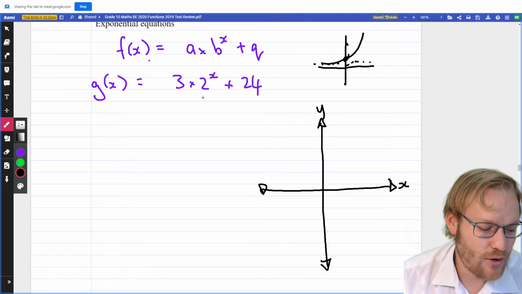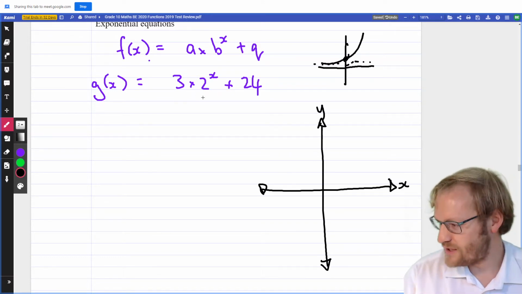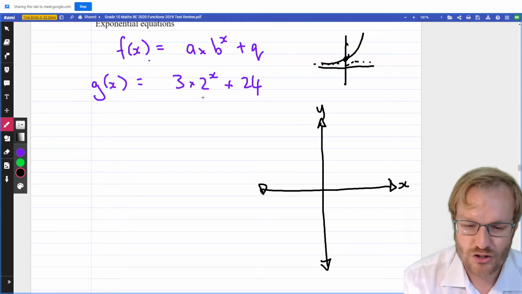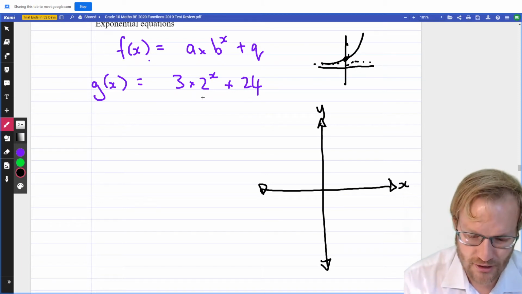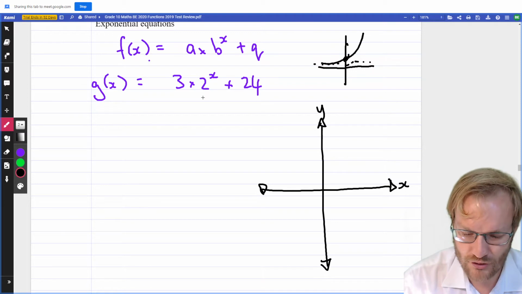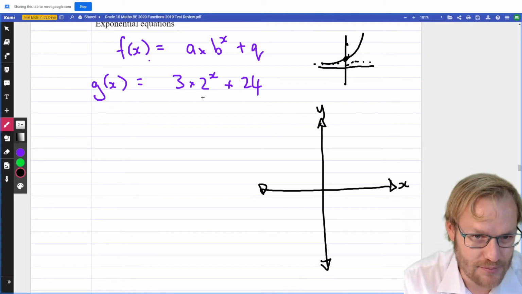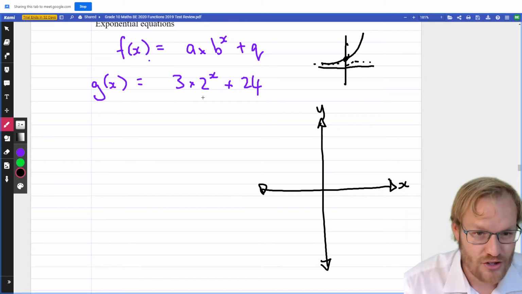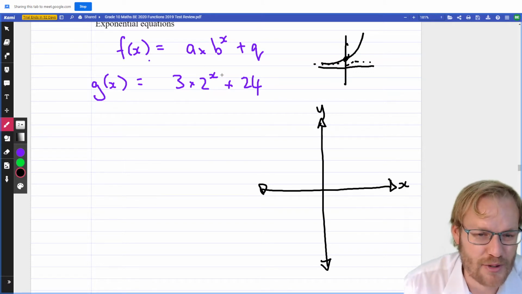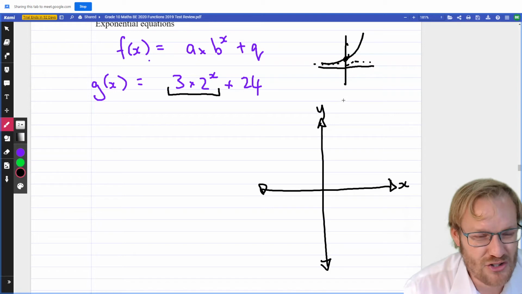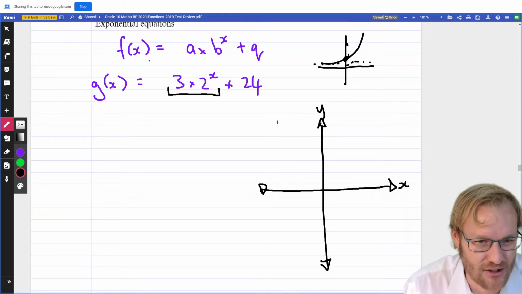No matter what number you put in, 2 to the power of 100 is going to give you a massive number, and 2 to the power of negative something is just going to be a fraction. So this 2 to the x is going to get closer and closer to 0, but it will never get to 0. Therefore, this whole bit in front will be close to 0, but will never get to 0.